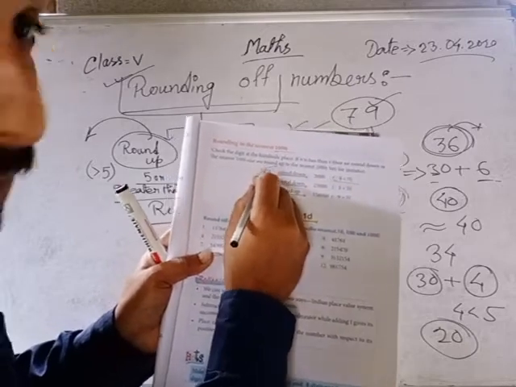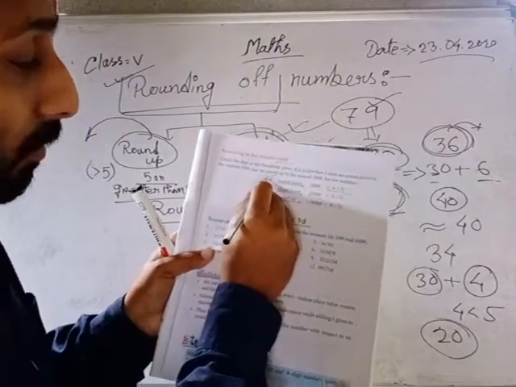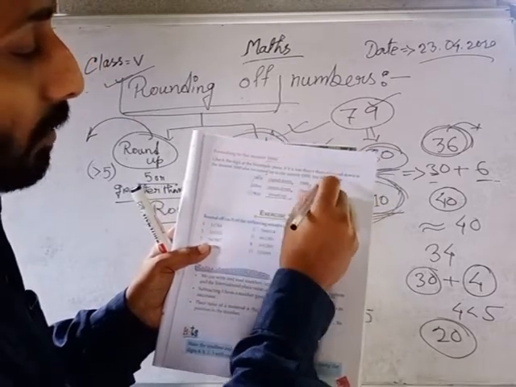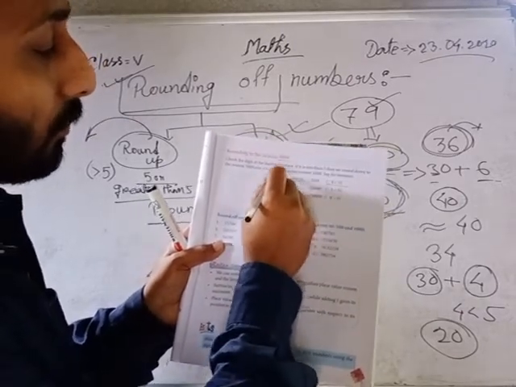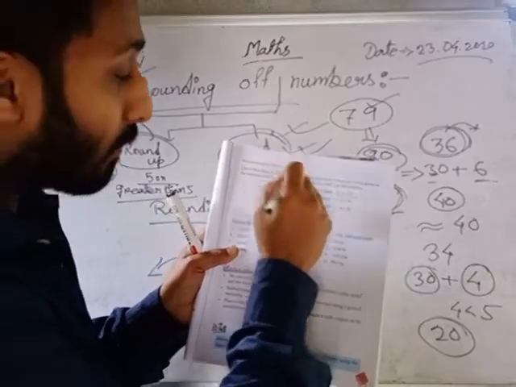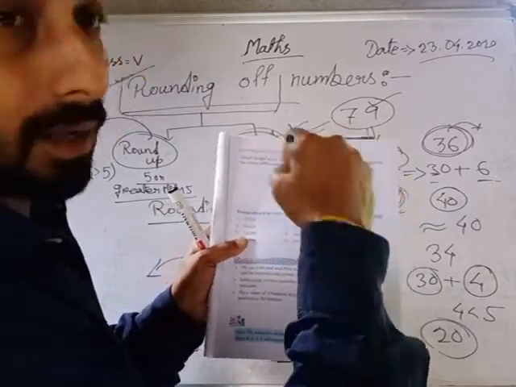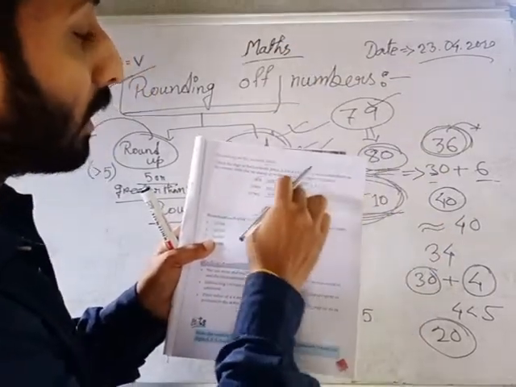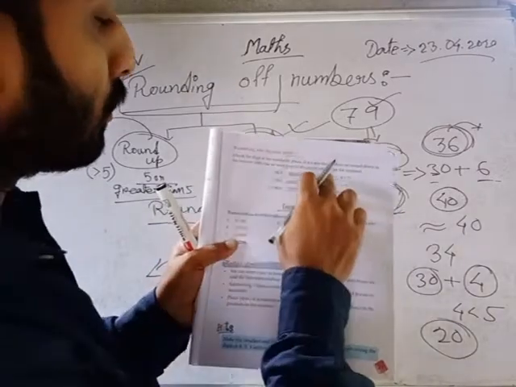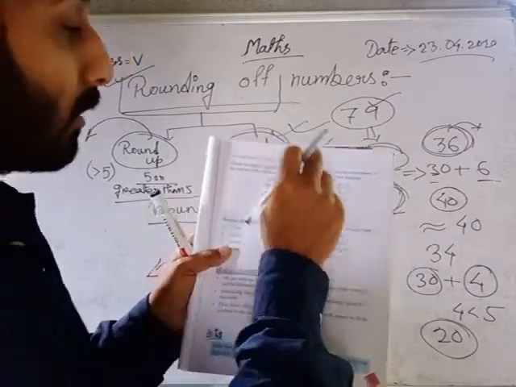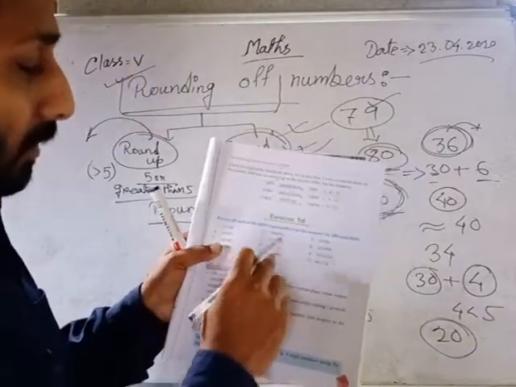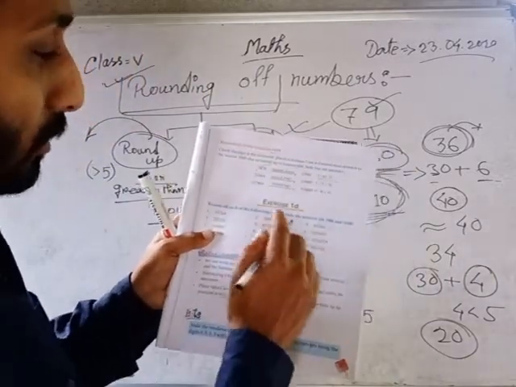If it is 5 or more than 5, it will go to the front. That means 2400 goes to 2000. If it is 2500, that goes round up. That's why we should go to the next 1000, 3000. So we should write here 3000. Okay. Here are so many examples, so you should do it yourself.